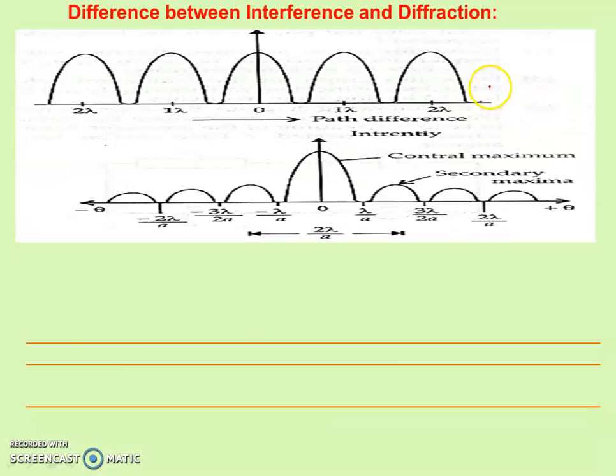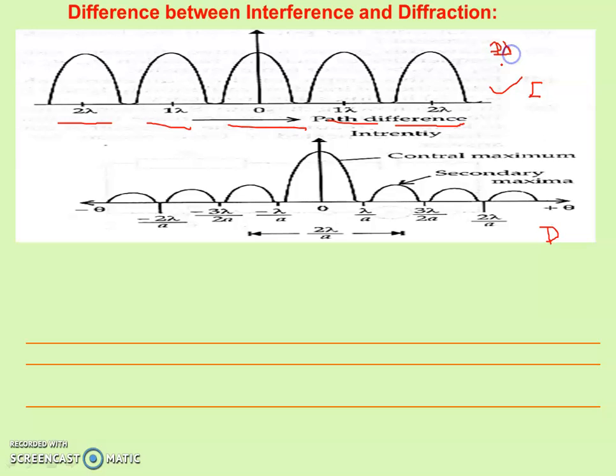Now see the intensity graph of interference. The first one is interference and the second graph is the intensity variation of the diffraction pattern. Now see the difference. In interference, the width of all fringes is similar. All the maxima and all the minima have the same width, and that is equal to D lambda by d, right?